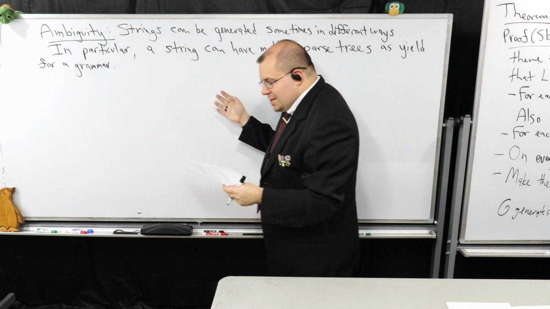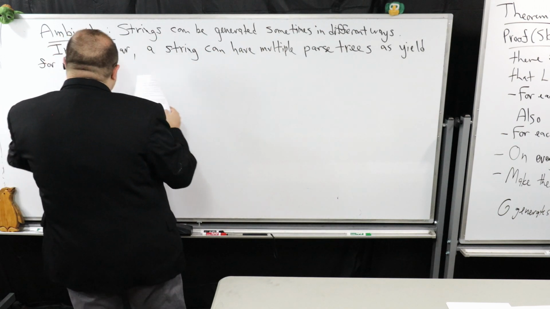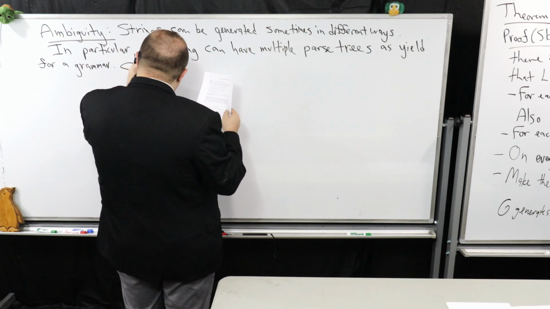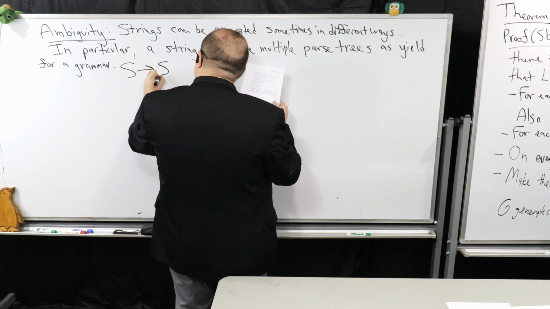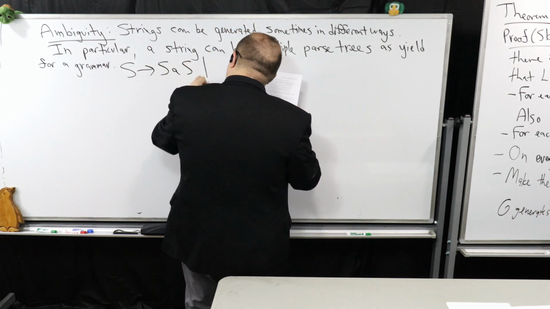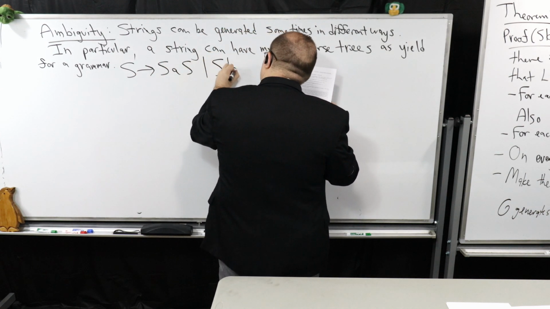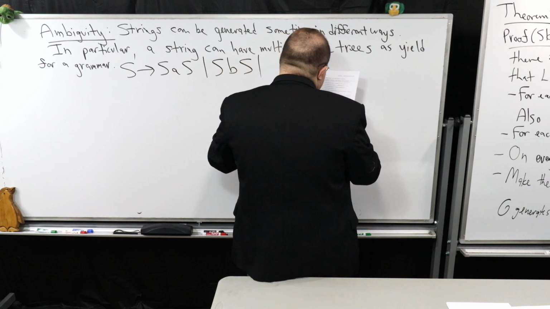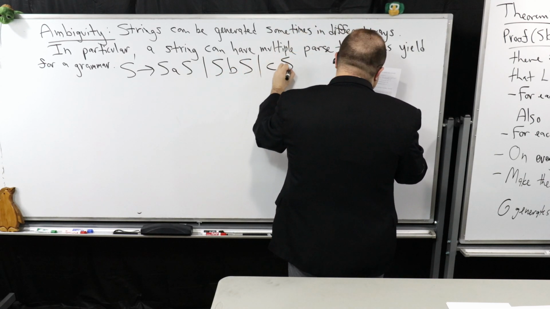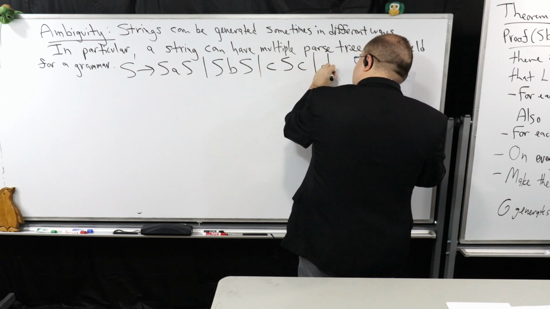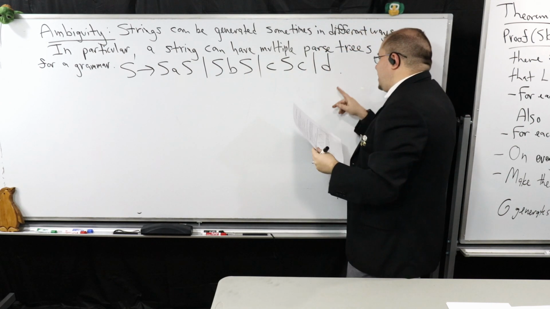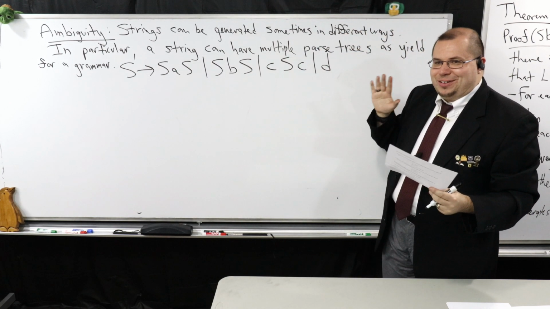Okay. So I'm going to consider the following context-free grammar: S to ASA, S to BSB, S to CSC, and S to D. Actually, I shouldn't put that period there because that could look like something else.